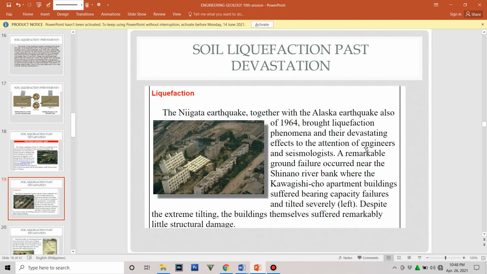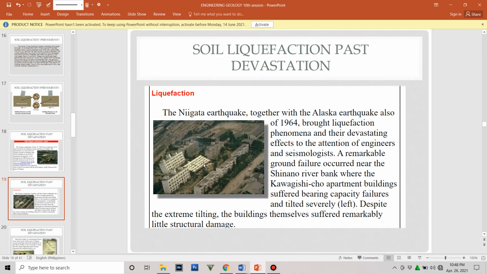So the Niigata earthquake together with the Alaskan earthquake, sabay sila 1964, brought liquefaction phenomena. So kitang-kita na dito nag-tilt yung mga building. Okay? So failure pa rin yan.